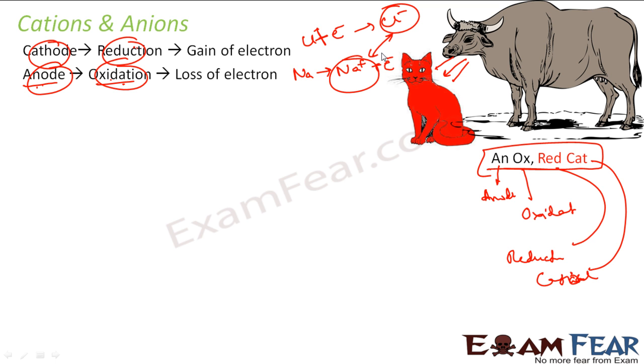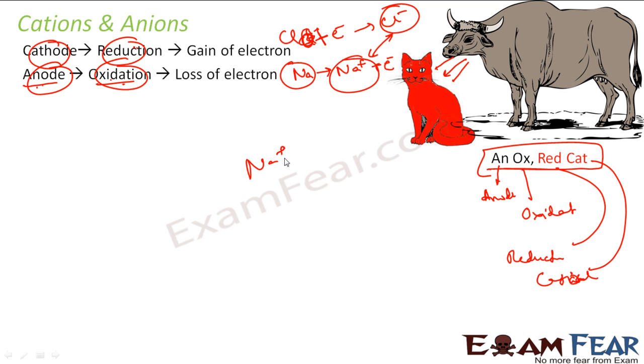The reason oxidation and reduction happen is that everyone wants to be stable. Sodium was not stable, so it got oxidized and became Na+, which is stable. Chlorine had 1 electron less in its outermost valence shell; it took 1 electron, became Cl-, and now it is stable.